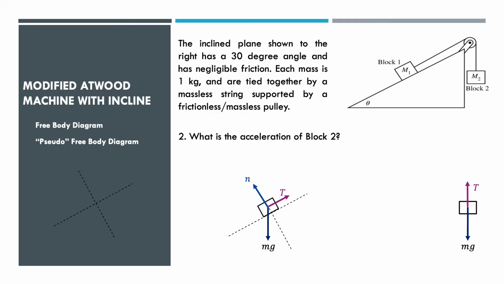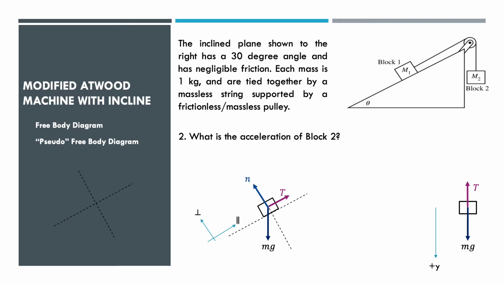To do this, I need to look at my free body diagrams and see where there's imbalance. Now the free body diagram on the right shows me that the weight is going to win. So I'm going to call down positive. And the free body diagram on the left, it's on an incline. So I'm not going to use traditional x and y axes on this one. I'm going to use the parallel axis and the perpendicular axis.